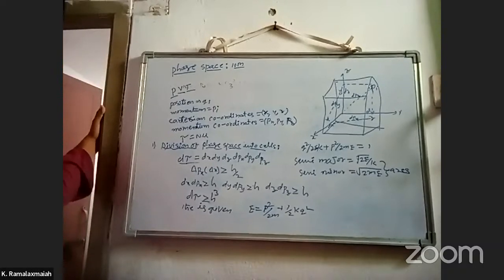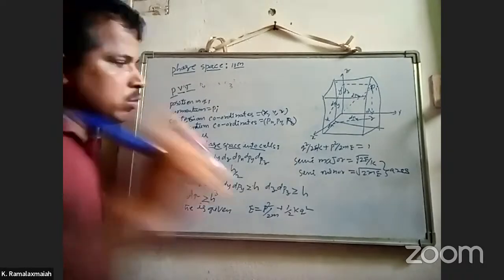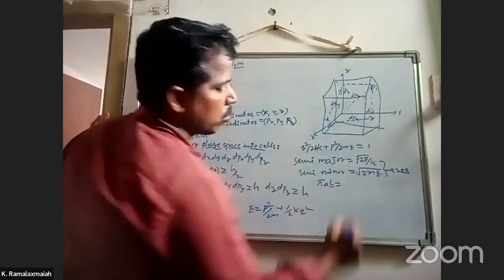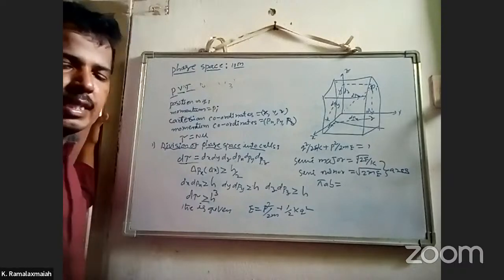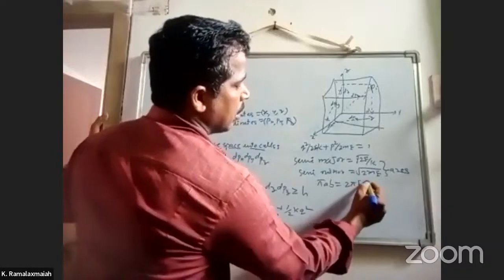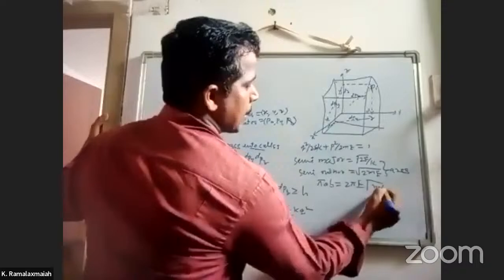The area of the ellipse is given by pi a b, which is equal to 2 pi E times the square root of m by k.